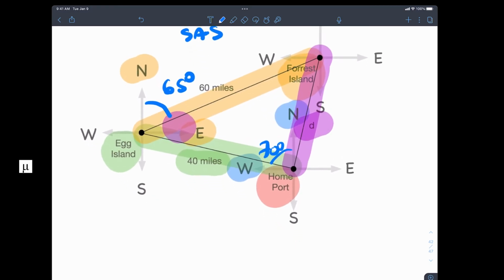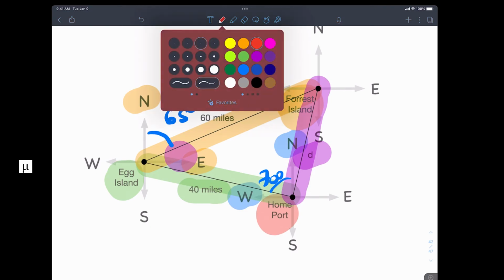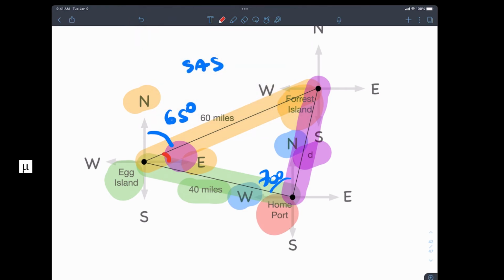This is a new wrinkle. So you're looking at Egg Island? Well, if you do that, you're going, can I find that angle? And you can, and that'll be 35 degrees because, and this is what was notated. 25, sorry.